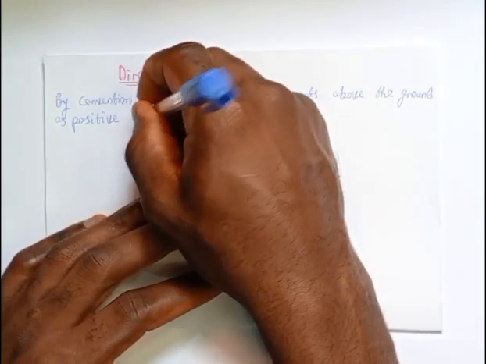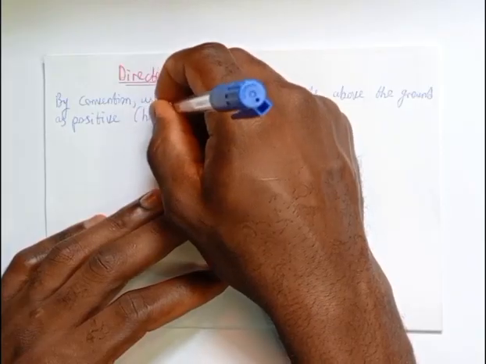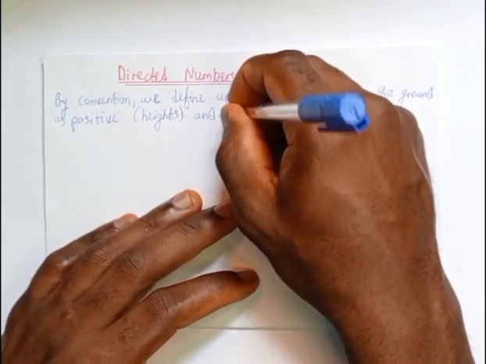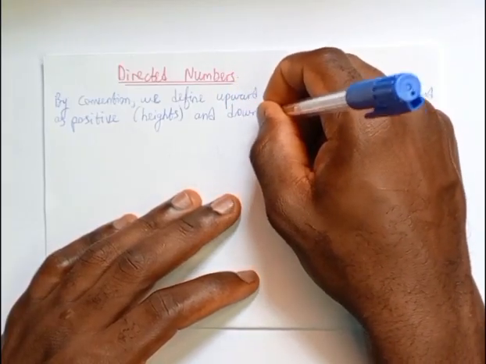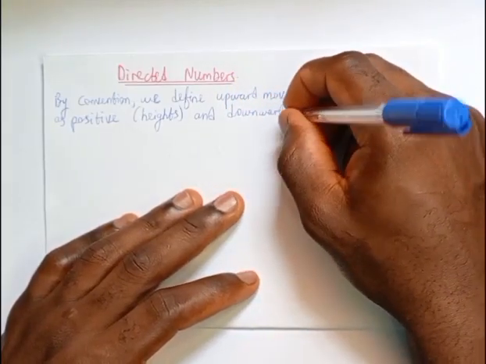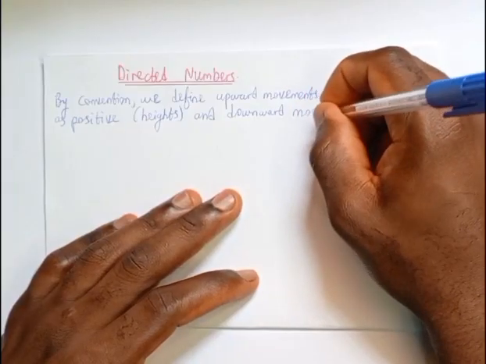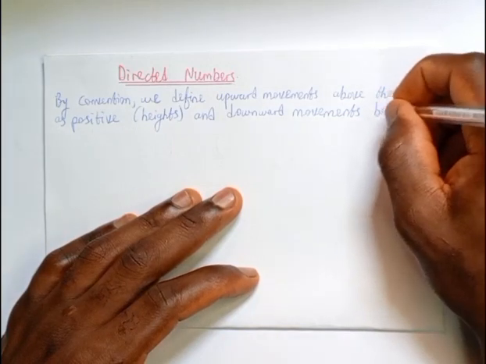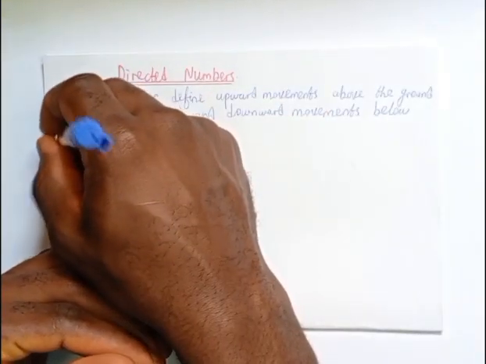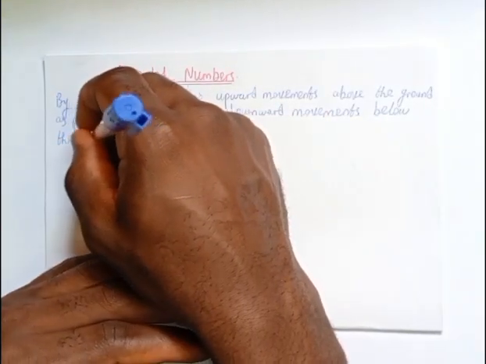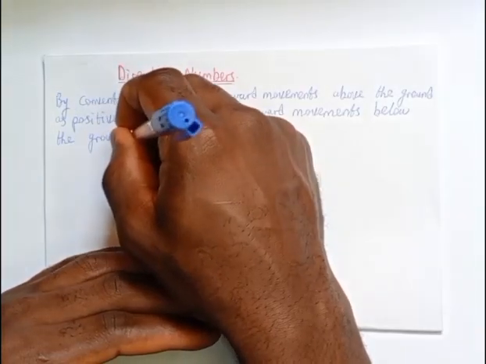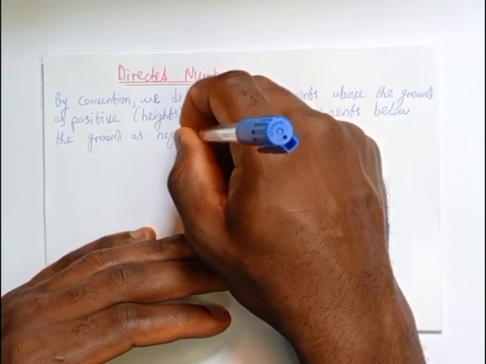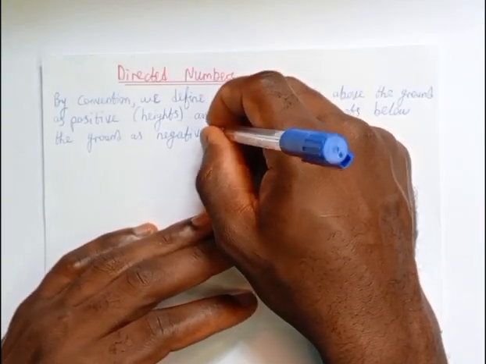In bracket, we have heights, and downward movements below the ground as negative. In bracket, depths.